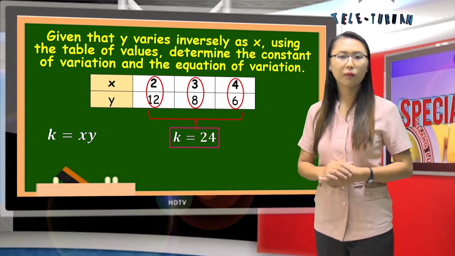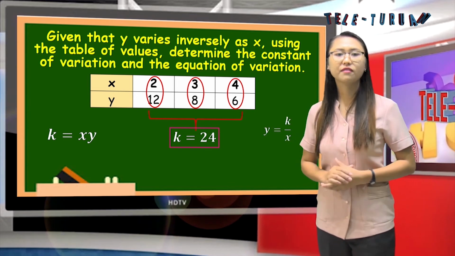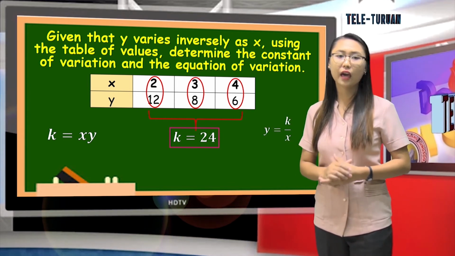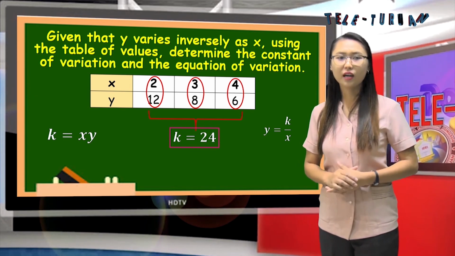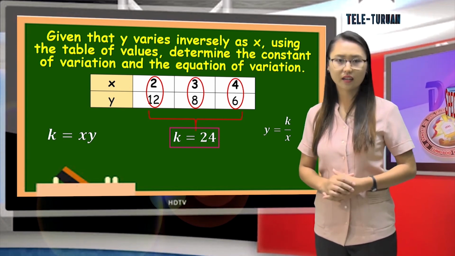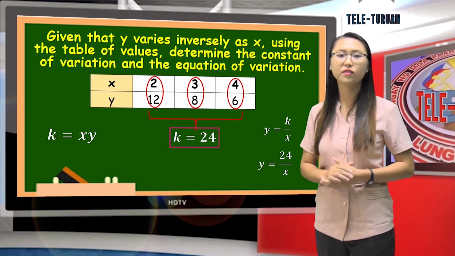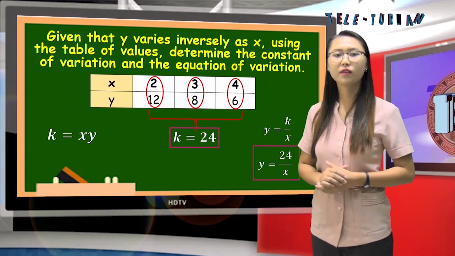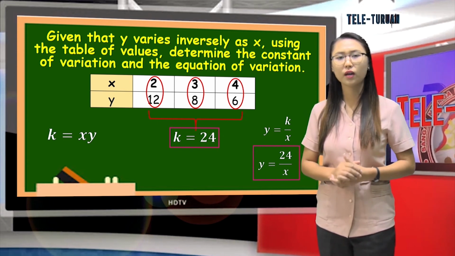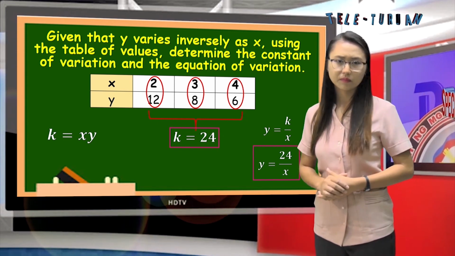And to determine the equation of variation, all we have to do is to substitute the value of k in the equation y is equal to k over x. So we have y is equal to 24 over x. The equation of variation is y is equal to 24 over x.